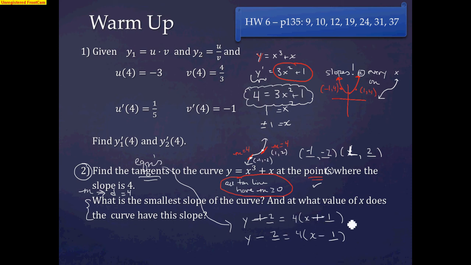If I got this into mx plus b form, which you don't have to, it would be y equals 4x plus 4, and then minus 2, which would be plus 2. And then this one would be y equals 4x minus 4 plus 2, which would be minus 2. Cool?